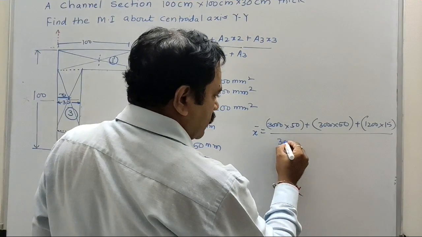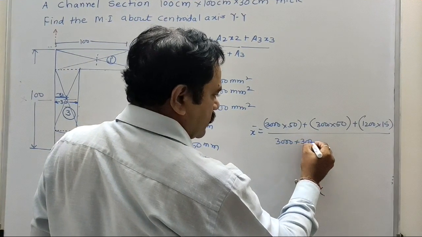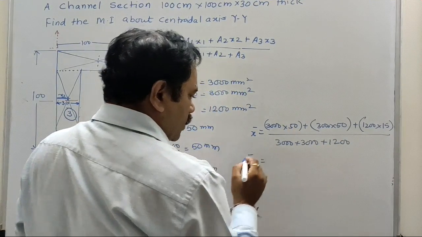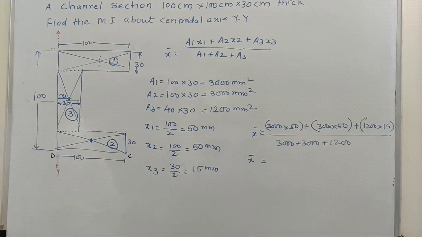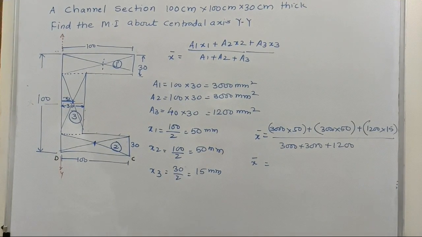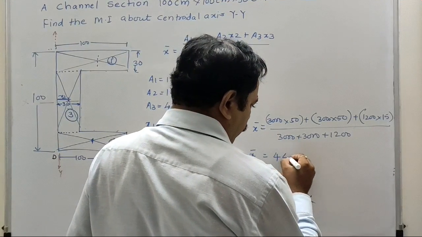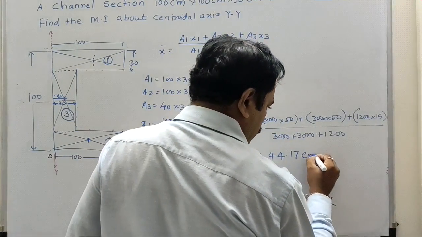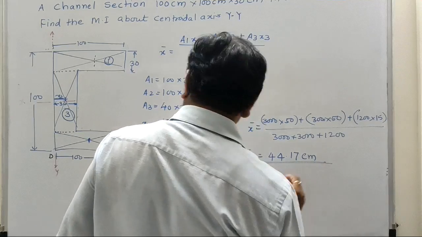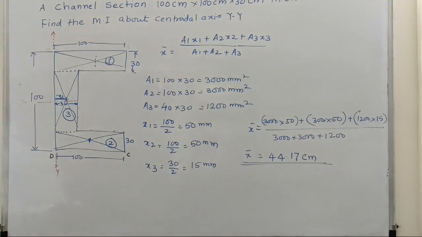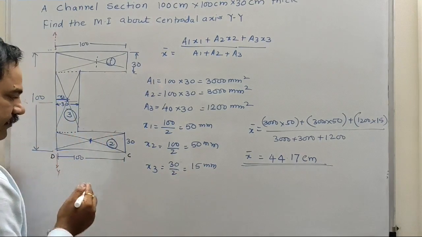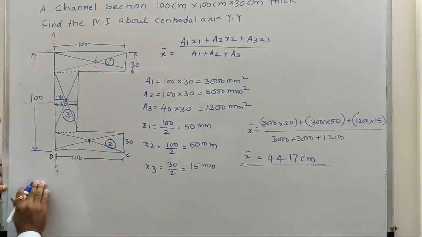So 3000 plus 3000 plus 1200. So you will get x bar as 44.70 centimeter. This is x bar, the centroidal axis of the total figure.